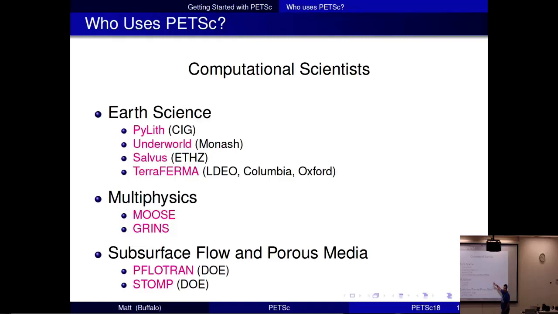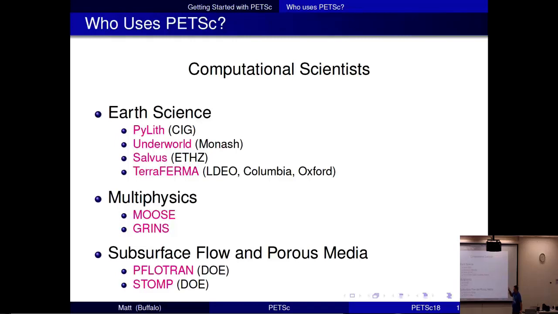Pilot and Solvis both use the mesh handling capabilities too. Underworld, which does simulation of the mantle and crusts, it uses the solvers right now, but may start using the mesh things. And then Terra Firma is a Magma Dynamics two-phase flow thing.